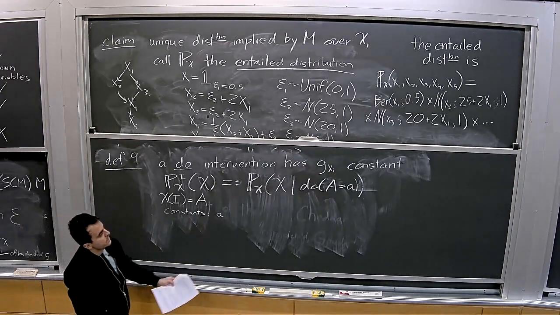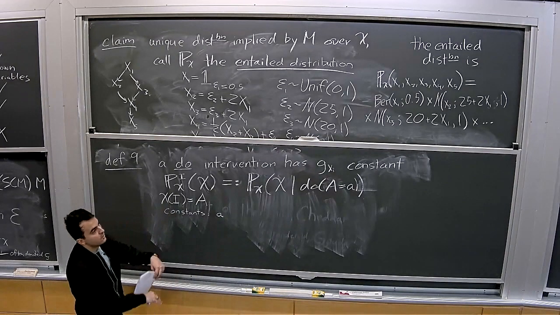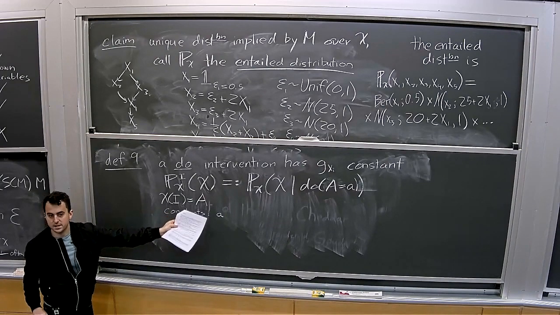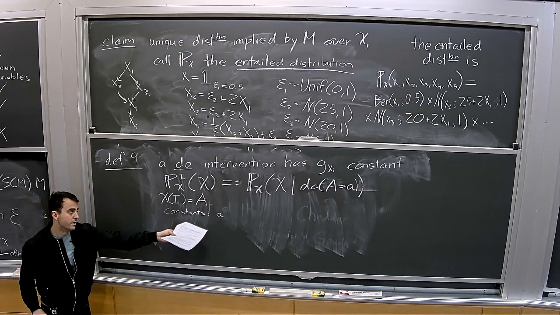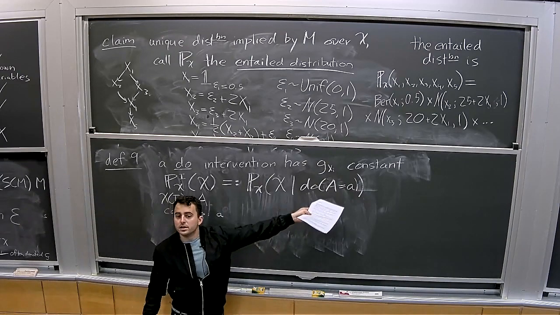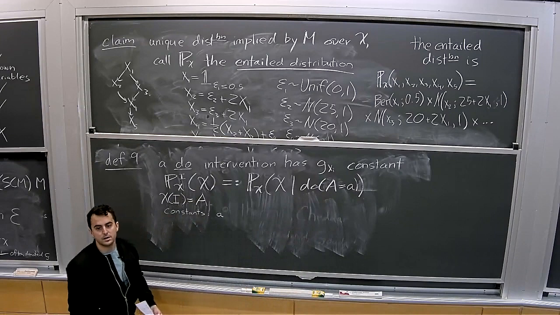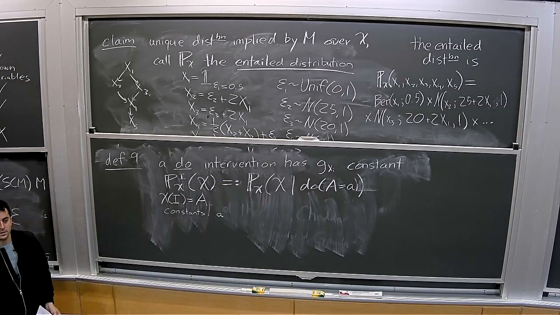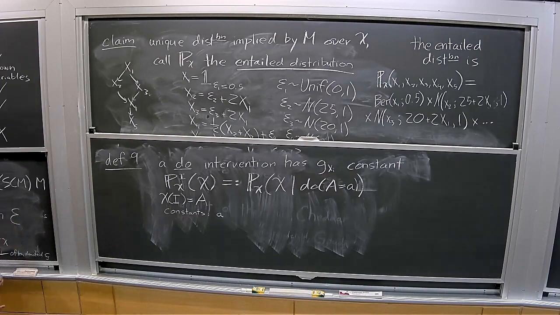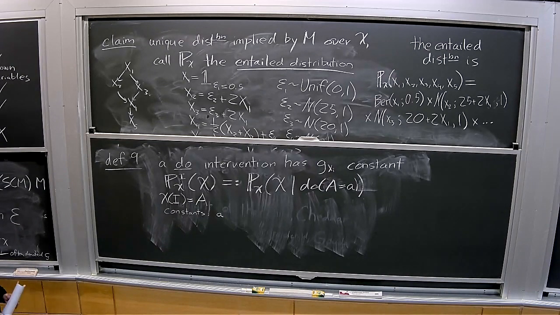Instead of all this setup of the target being A and the values I'm setting it to being little a, that's immediately implied from this notation. And this is the notation used by Judea Pearl, who did a lot of the machinery that we're going to see in the next few lectures.